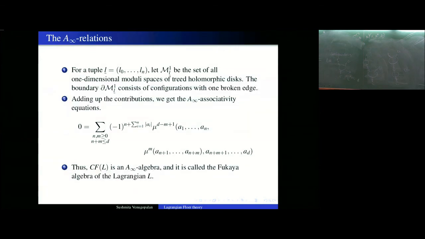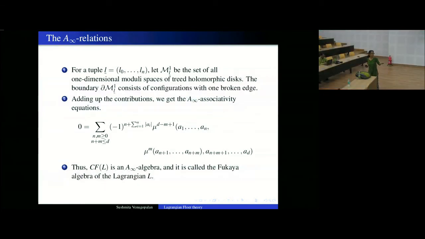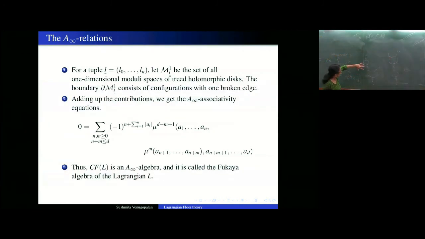So essentially what's happening is that all these various contributions can be together seen as having one broken edge. And this broken edge takes away a bunch of inputs and groups them.